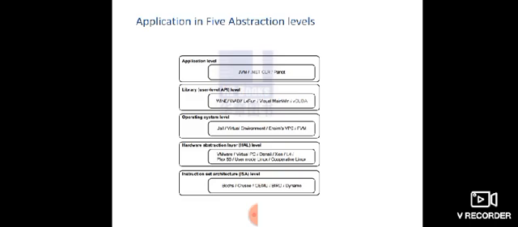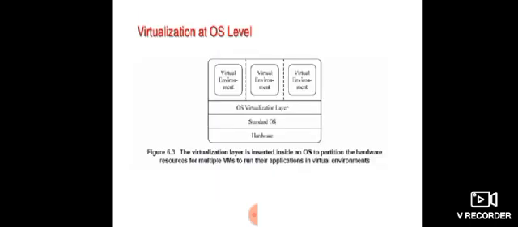In the library level, that is the user level API, we can have vCUDA, WireMain Win, LxRun, Wine, and WABI. In the application level, we can have the Java Virtual Machine JVM, .NET, and Panot. So we can have different software used in different layers.